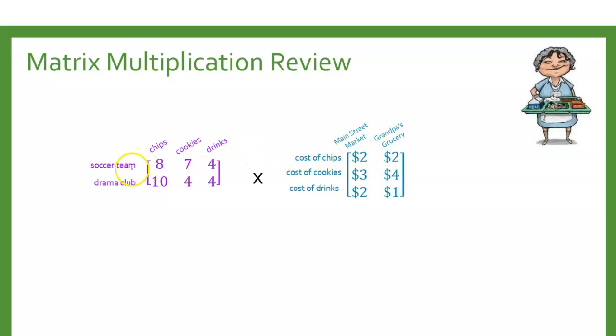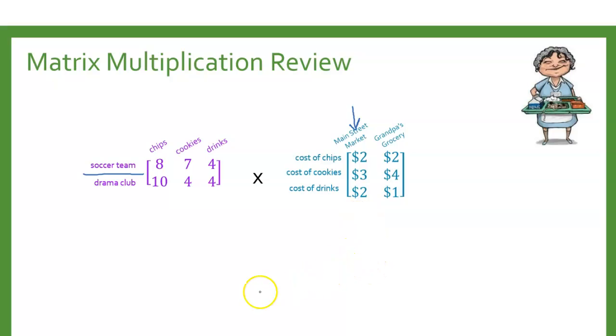And we had over here that the soccer team needs 8 chips, 7 cookies, and 4 drinks. And then we had different stores we could shop at. At Main Street Market, the cost of chips is $2, cost of cookies is $3, cost of drinks is $2. And we were asking ourselves, how can we figure out how much the soccer team would cost at Main Street Market?